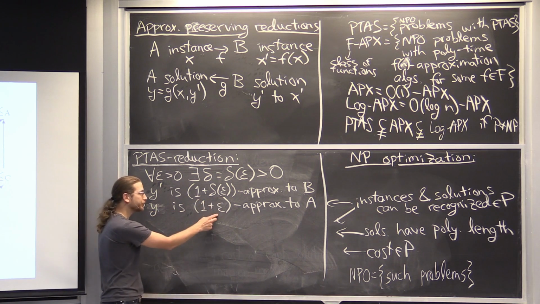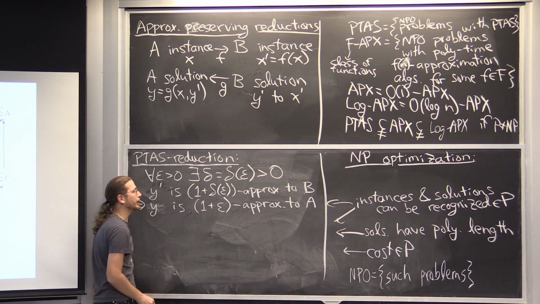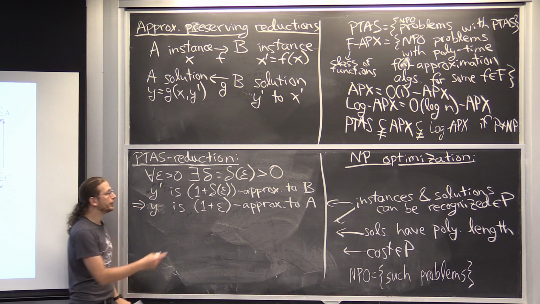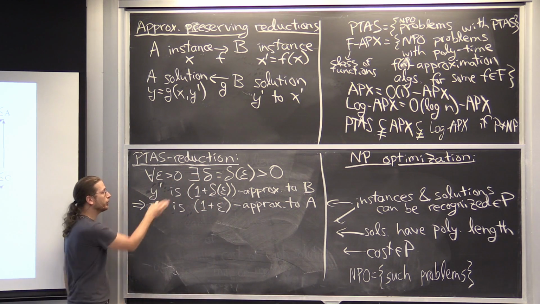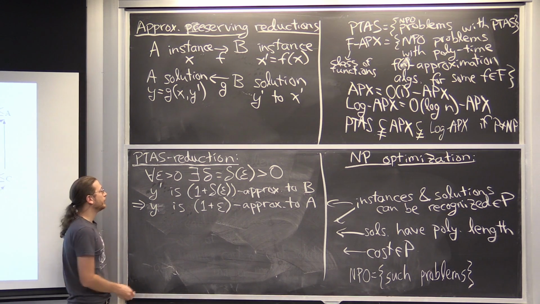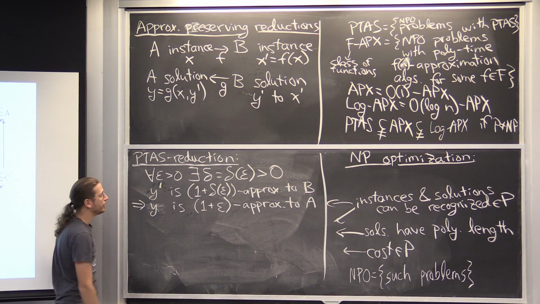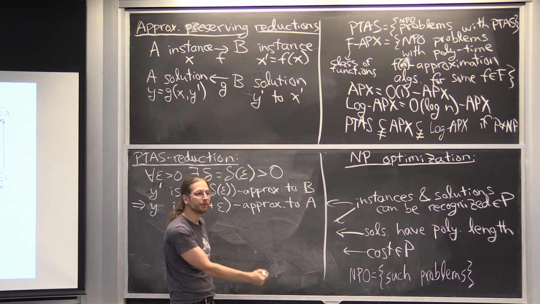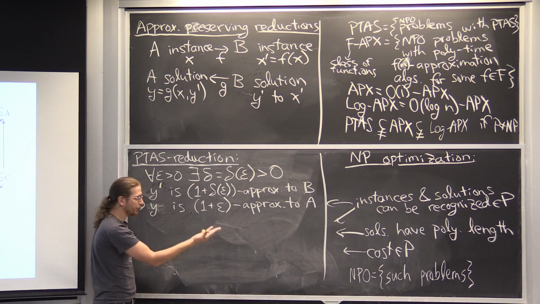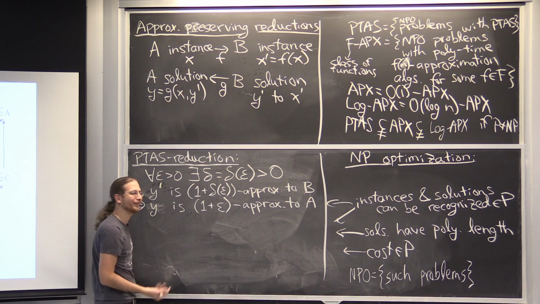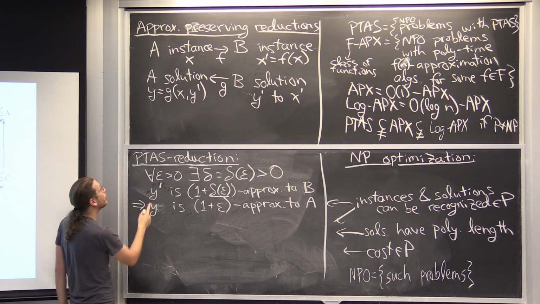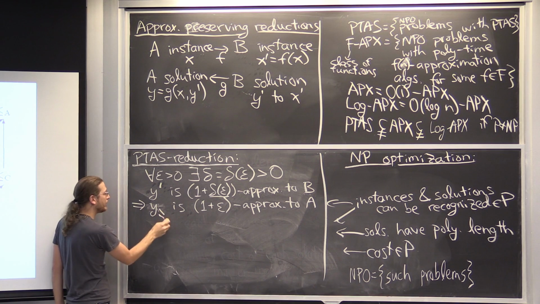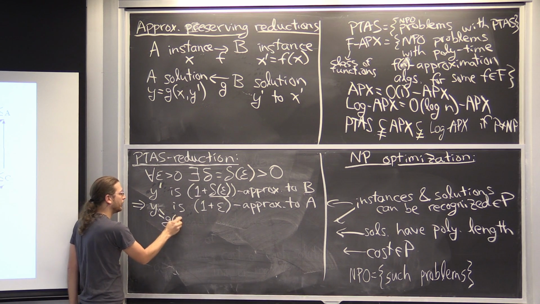For any epsilon, there's some value delta where you can just give that value to the PTAS for B, and it will give you what you want for A. Because a PTAS is supposed to run for any fixed constant. We called it epsilon, but it could also be delta. And so you plug this into the PTAS, you will get a 1 plus delta approximation to your B problem. And then what we want is that this conversion, so Y here is g of x, y prime.